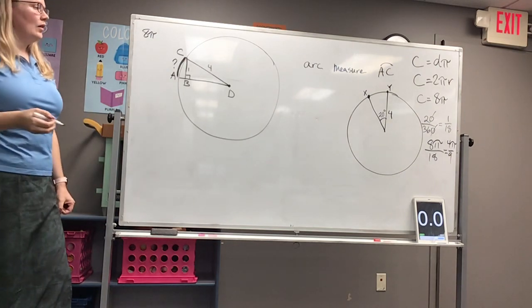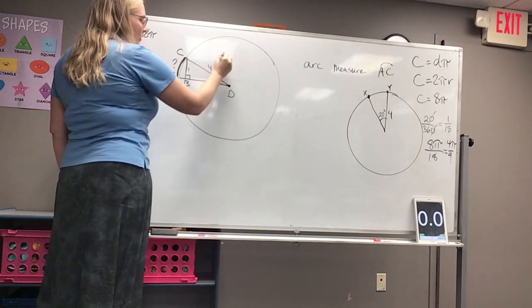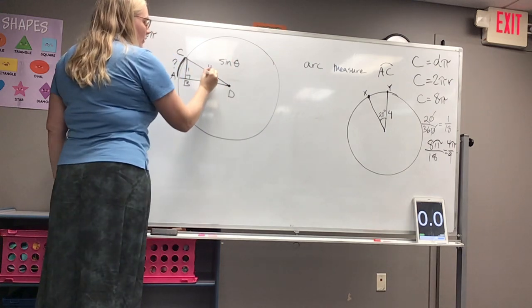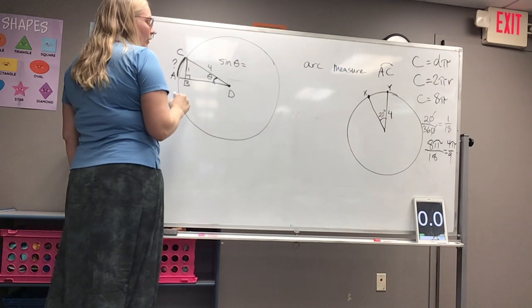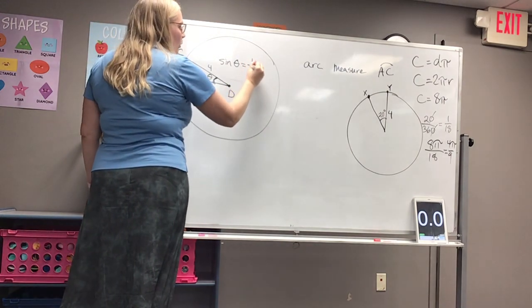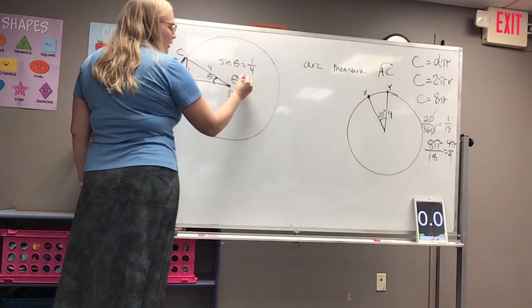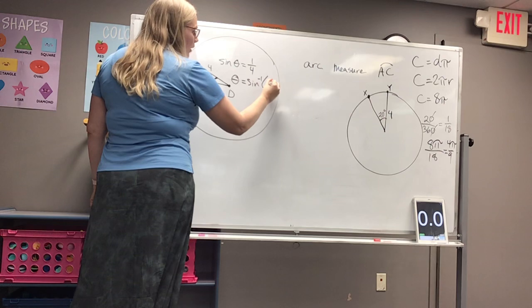And for that angle, we could talk about the sine of the angle. I'm going to use theta. The sine of theta is equal to opposite over hypotenuse, 1/4. And so the angle itself is the sine inverse of 1/4.